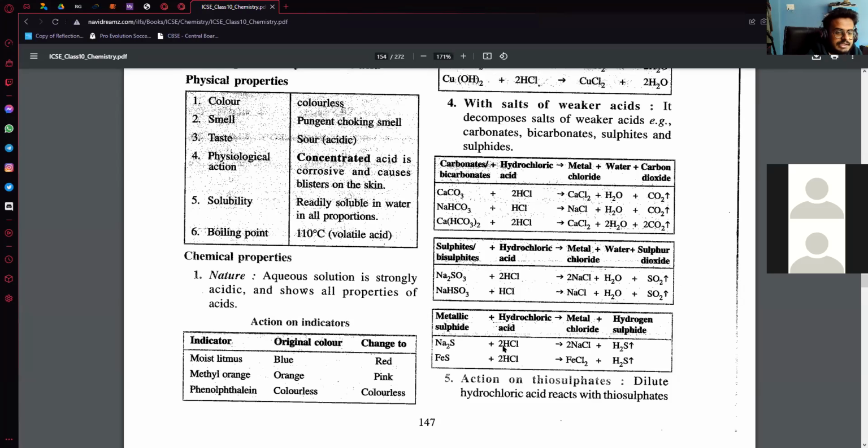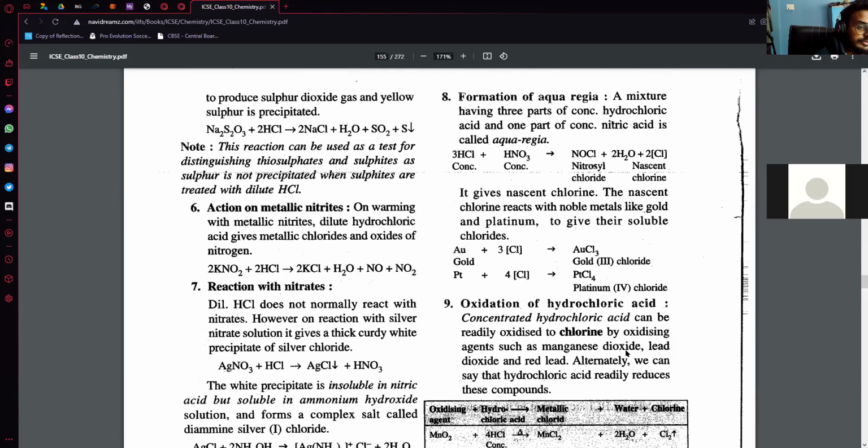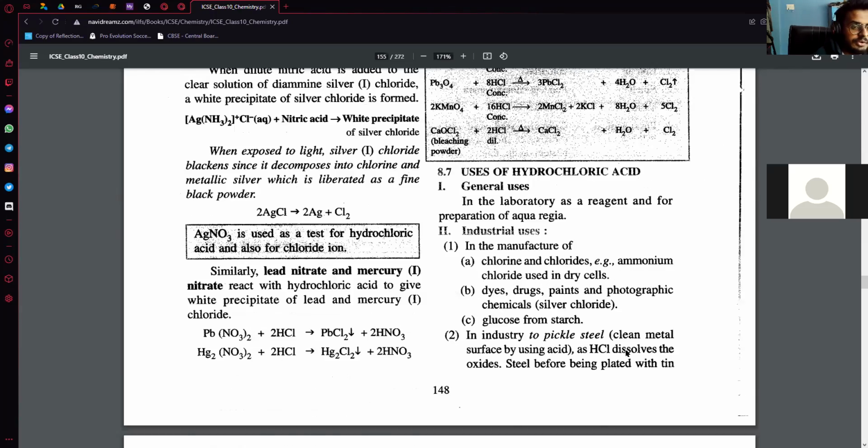When acids react with sulfides, sodium sulfide or iron sulfide, a rotten egg smelling gas is liberated, and that gas is known as hydrogen sulfide gas. All these reactions have been done, so you just need to check your notes once. Bicarbonates will give you carbon dioxide and water. Sulfites and bisulfites will give you sulfur dioxide and water. Sulfides will give you hydrogen sulfide, which smells like rotten egg. Okay, this is the thing you need to know.